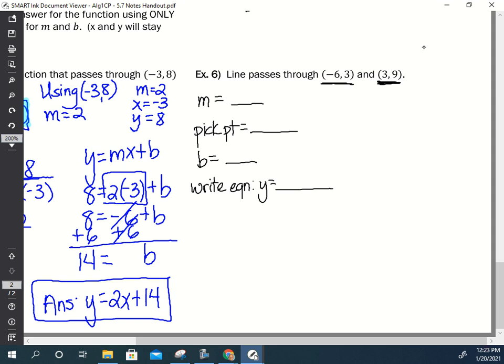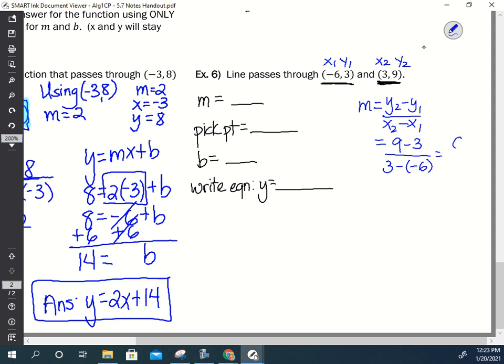So start with the slope. x1, y1, x2, y2. Write the formula just in case someone needs it. So your slope is 9 minus 3 over 3 minus negative 6. That's 6 over 9.